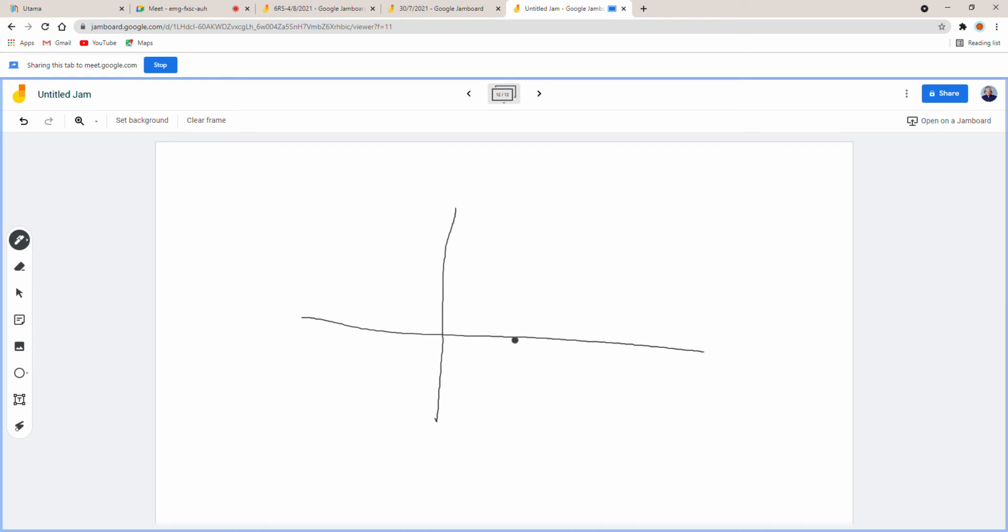Let's say we get a linear graph, x minus 3. So this is the linear, this is just f(x).